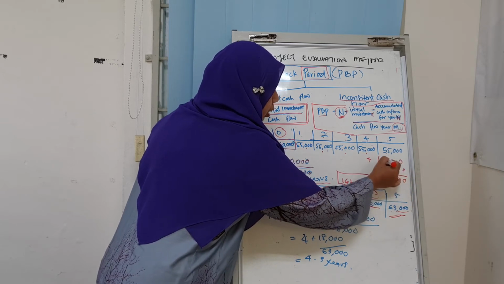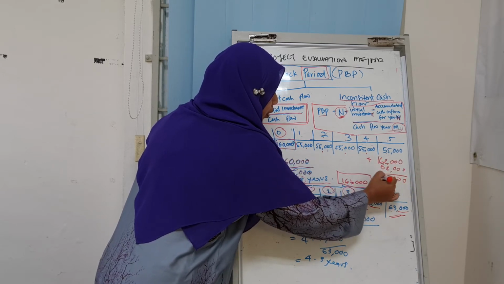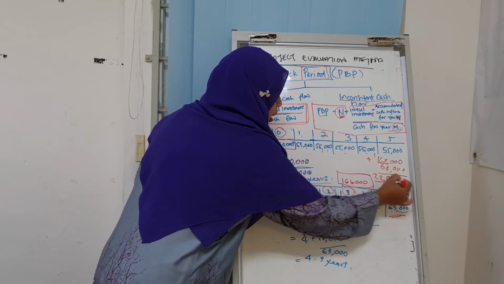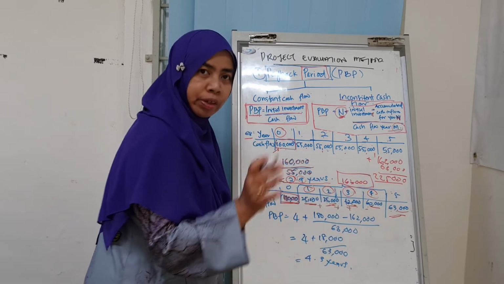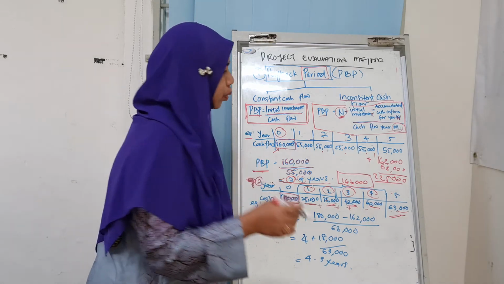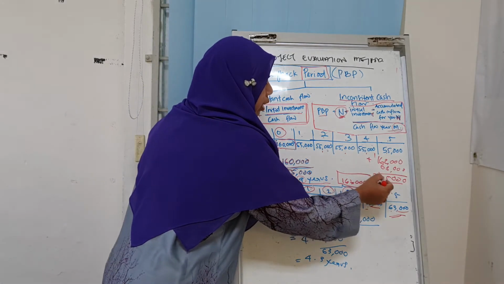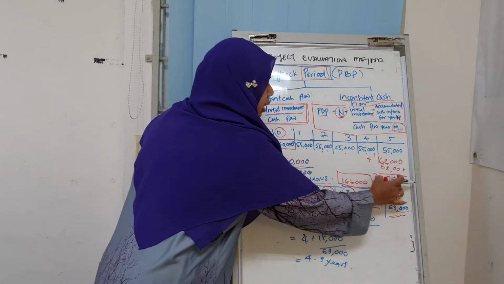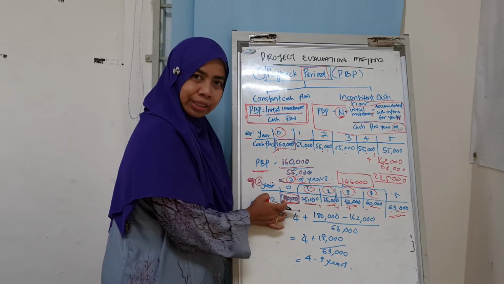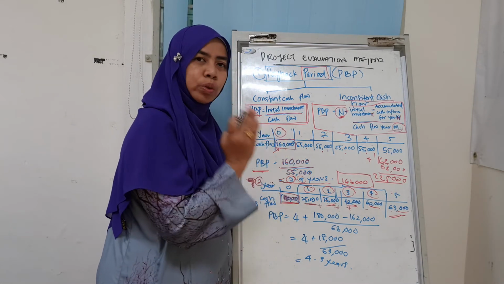If you add another 63,000, 162 plus 63, will be 225,000. So if you add the fifth year cash flow, it is already beyond 180,000. So you have to stop.